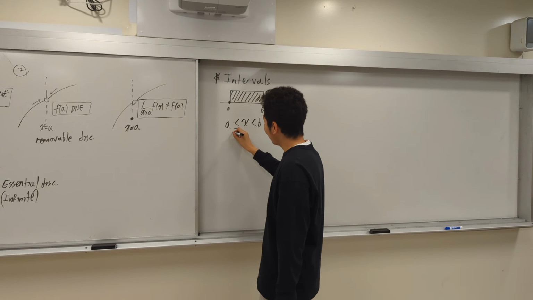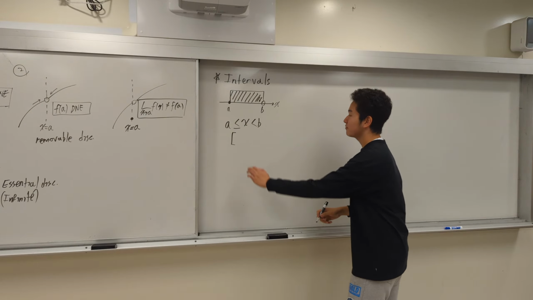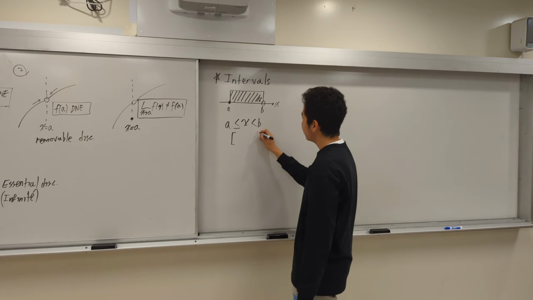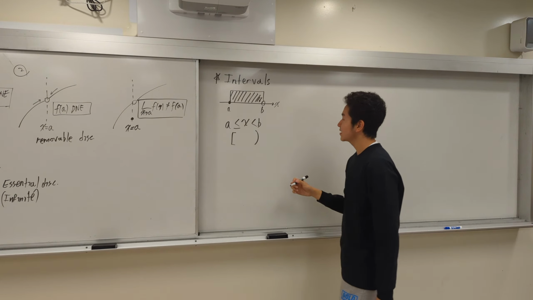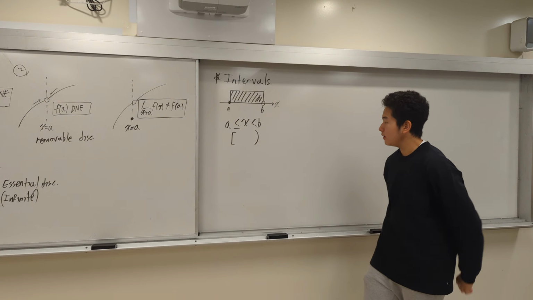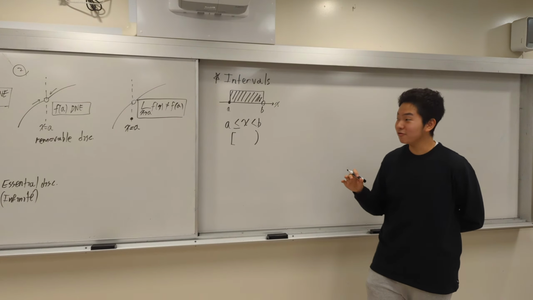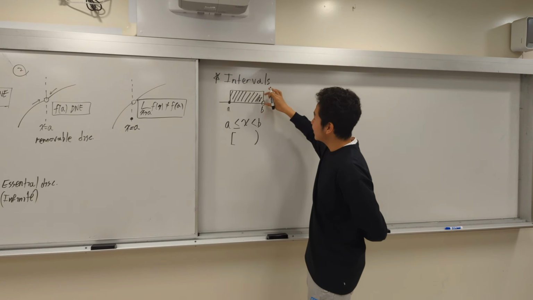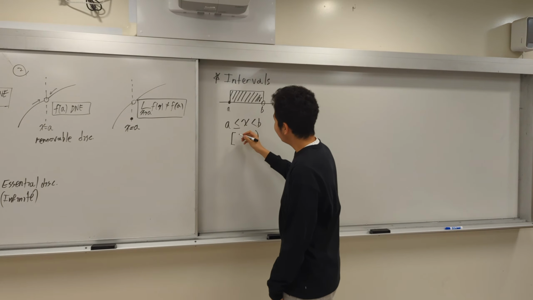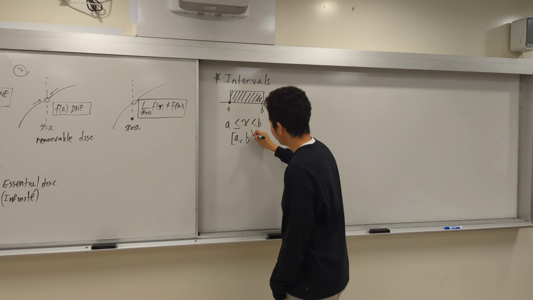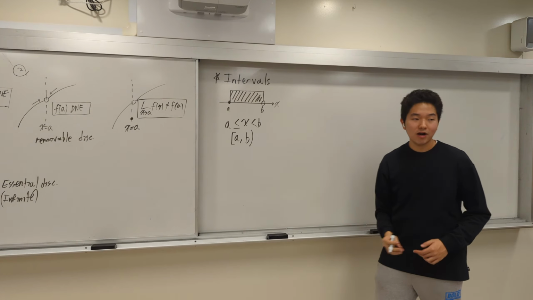We use square brackets to represent the equals sign, and then circular brackets, so like parentheses, to represent an inequality symbol that does not contain an equal sign. So we can represent this interval by writing a comma b like that, and then using these bracket symbols.